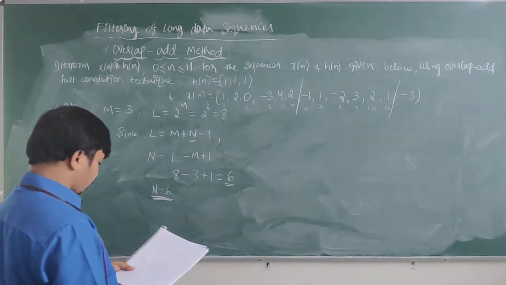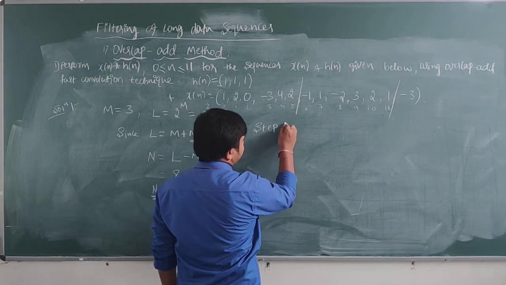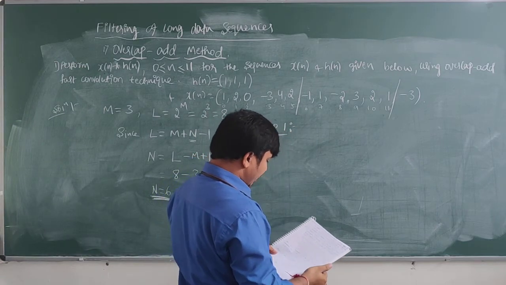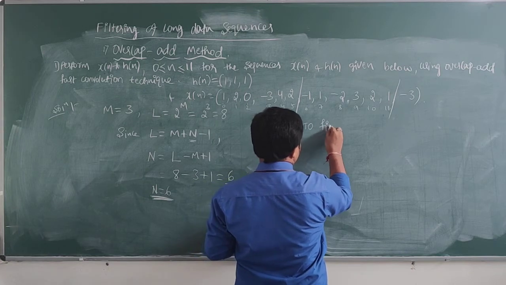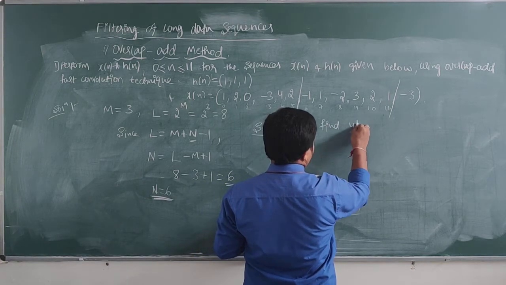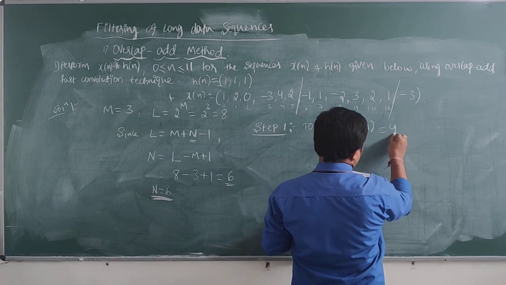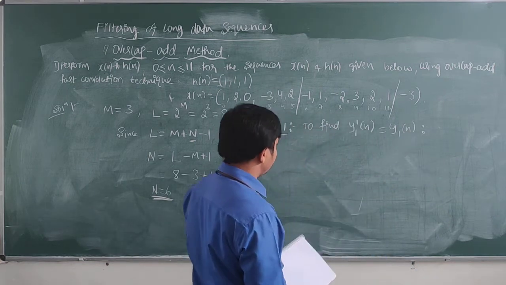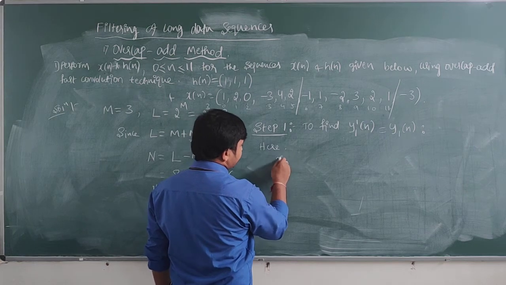Step 1. To find y1 dash of n, which is equal to y1 of n. Here, what is x1 of n?